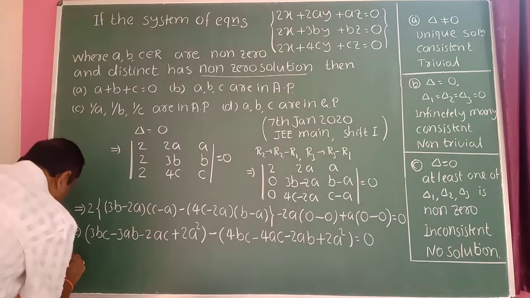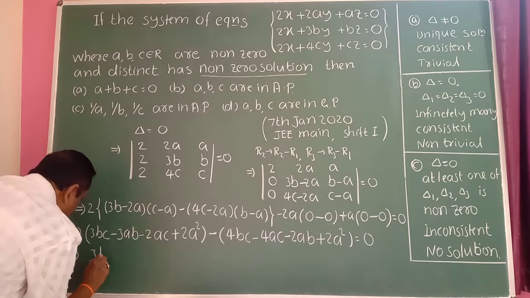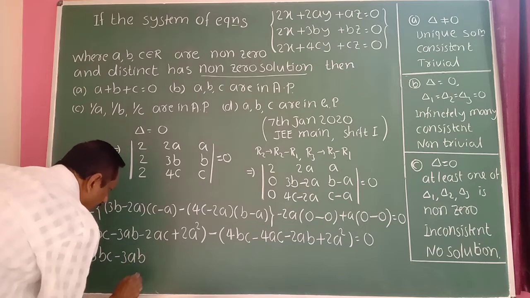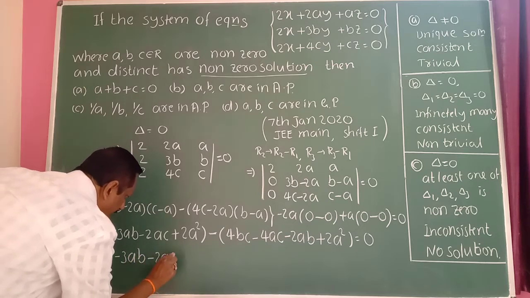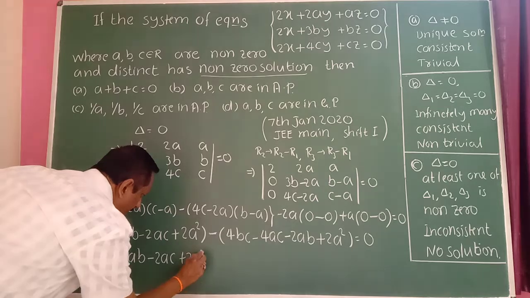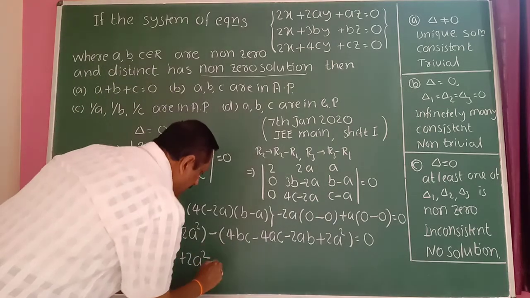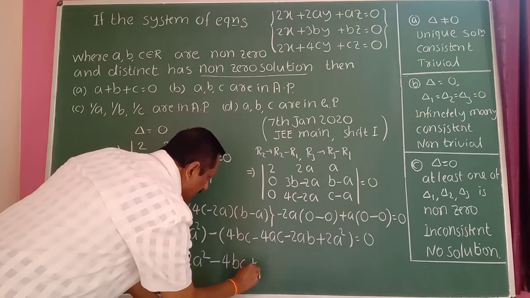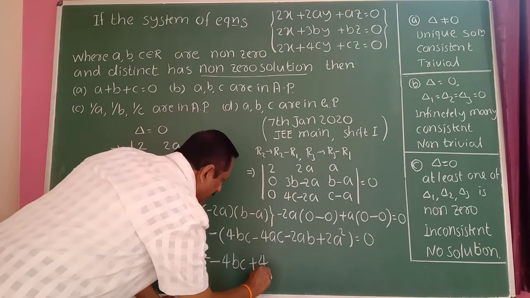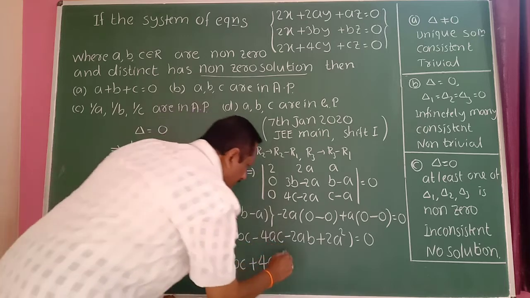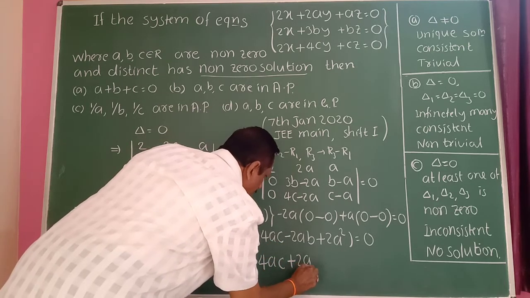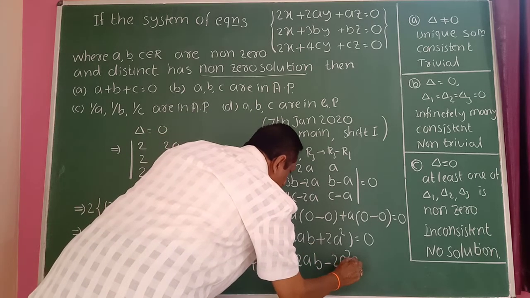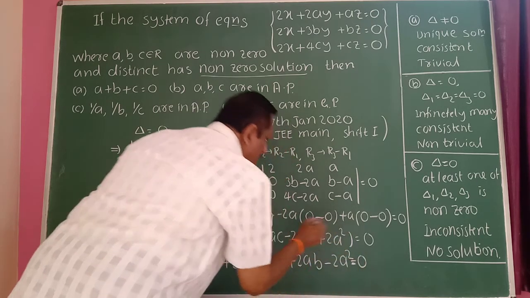Yes, this implies 3bc minus of 3ab minus of 2ac plus 2a square here. Take a minus inside here: minus of 4bc, then minus into minus becomes plus 4ac, minus into minus becomes plus 2ab here, minus into plus is minus of 2a square, that is equal to 0.